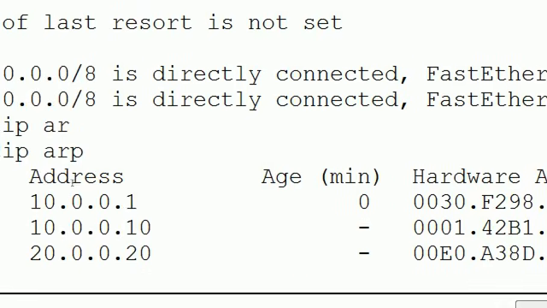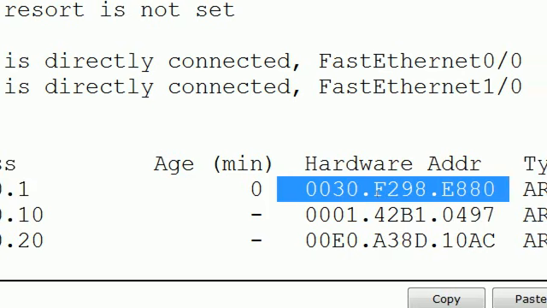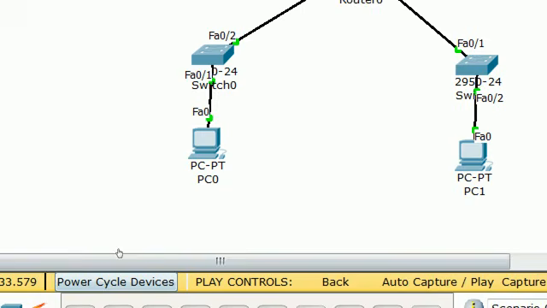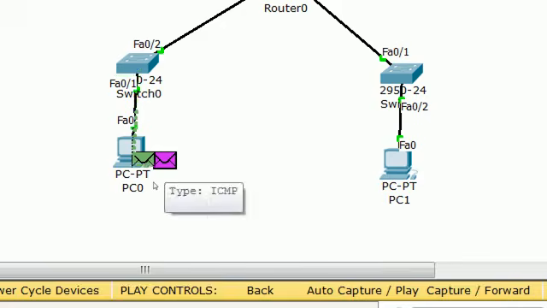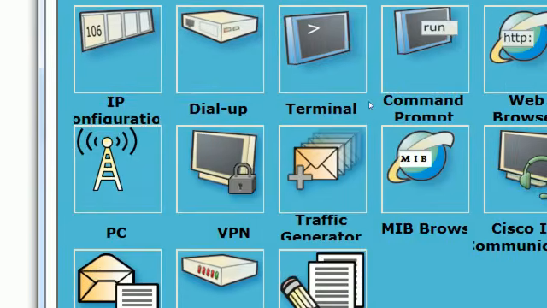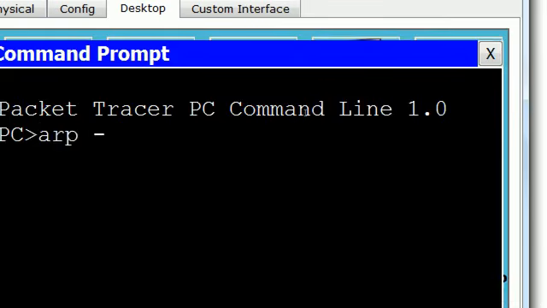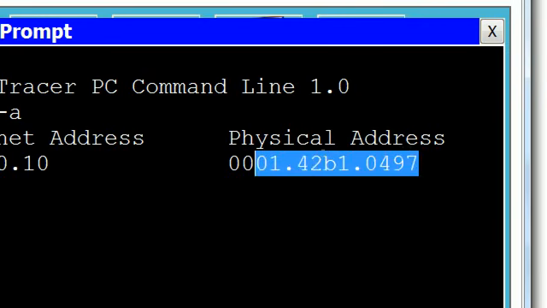For 10.0.0.1. Router knows about 10.0.0.1 MAC address. Agree or not? Fine. Now router will reply. Switch will maintain an entry. Switch will forward it to the computer. Now when switch will forward it to the computer, computer will get the destination MAC address of gateway. You can see here, MAC address of default gateway.